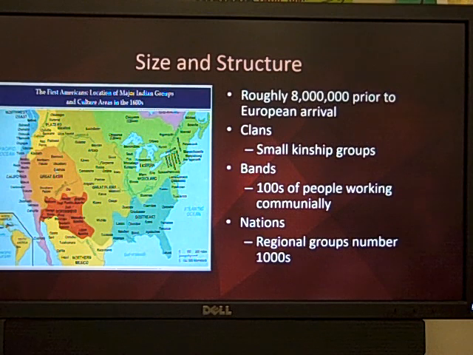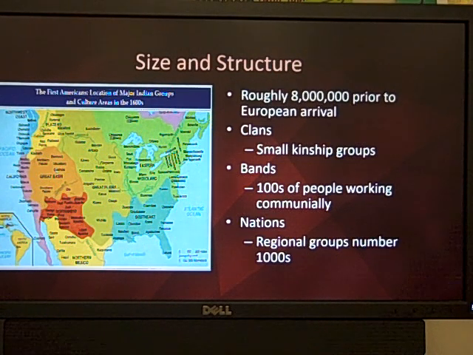Obviously, the borders we have today are not the borders that would have existed in the 15th, 16th centuries. Native Americans would have lived both in New Mexico and Mexico, Arizona and Mexico, or New York and whatever the Canadian province is above New York. I don't know.